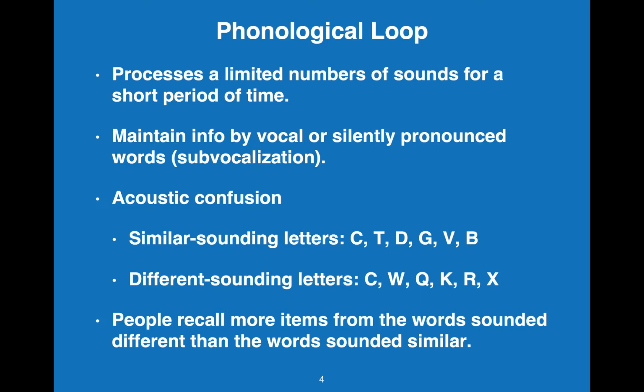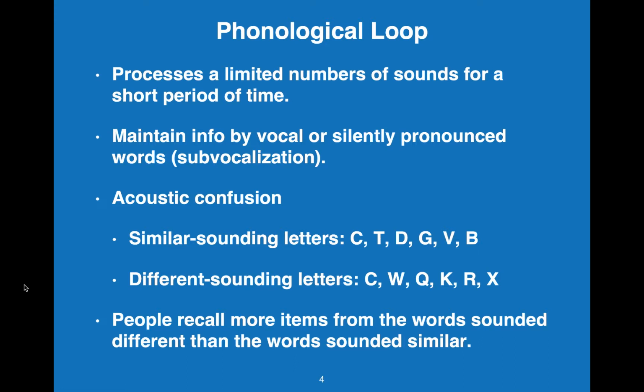Also, there's acoustic confusion or acoustic mishearing errors. People confuse similar sounding stimuli, such as C, T, D, G, V, B. These kinds of letters make the listener confused because they are similar sounding stimuli.